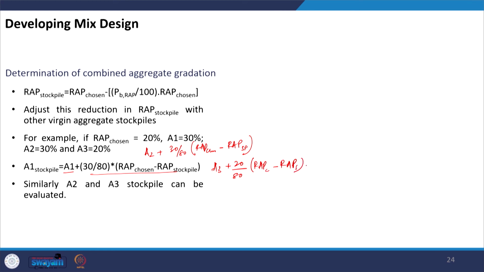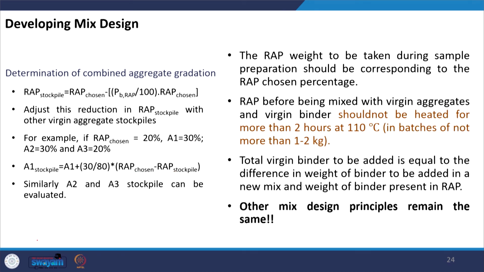Okay. Alternatively, what we can do, the straightforward calculation, that when we are doing the gradation, we can at the initial stage use the stockpile value and then determine the value of A1, A2 and A3 instead of back calculating and adjusting the gradation.